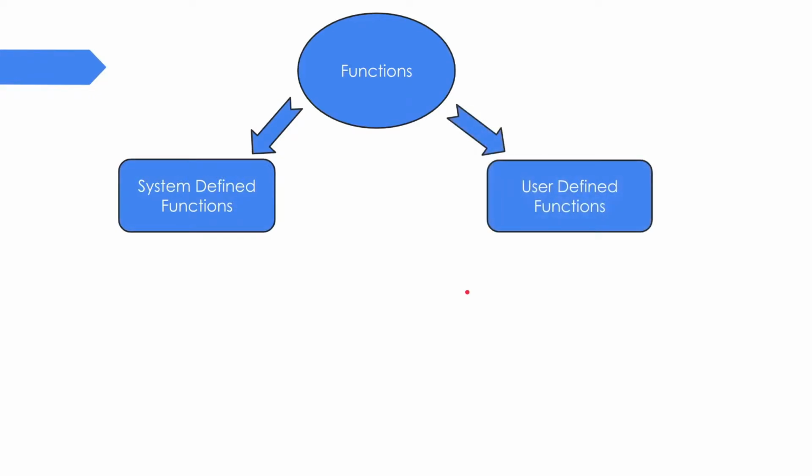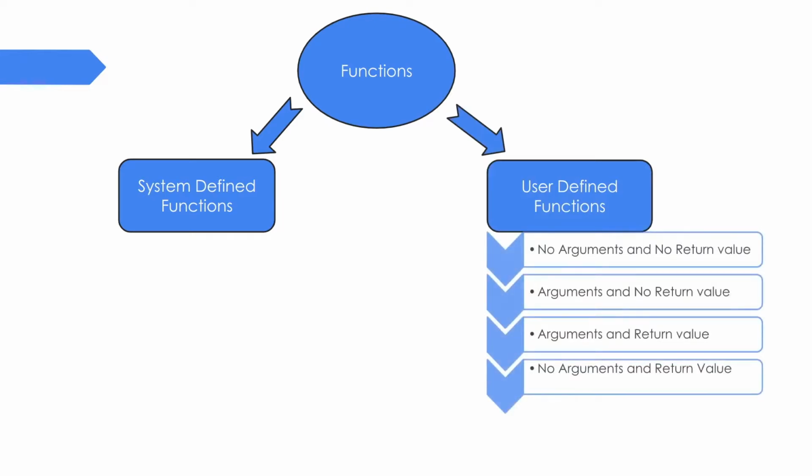And basically we have two types of functions here. You can see in the slide, system defined functions and user defined functions. System defined functions we have already seen, like the main function as well as printf, scanf, and some more functions. If you have probably worked with the math.h library, there you have seen the power function. Likewise, exit is also a function, from the stdlib.h header file.